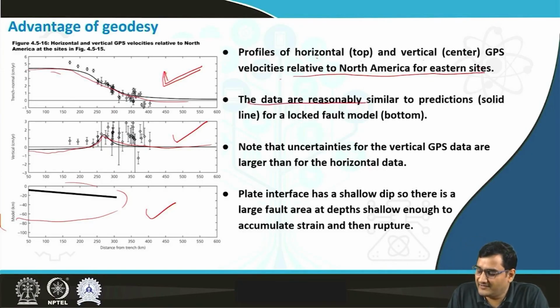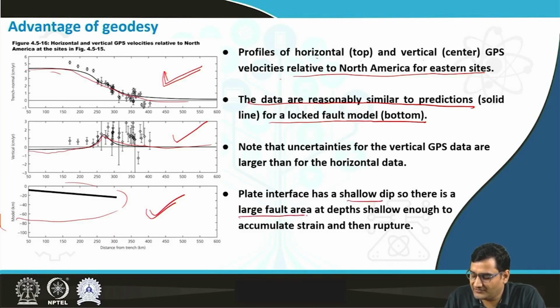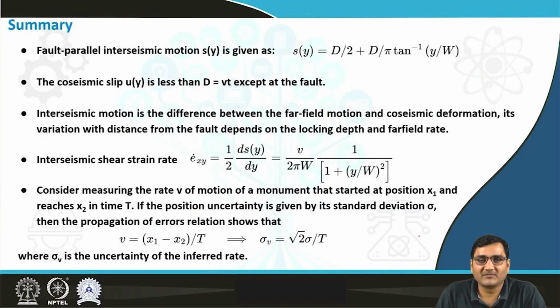The data are reasonably similar to the prediction, solid line, for a locked fault model that is given at the bottom. The plate interface has a shallow dip, so there is a large fault area at depths shallow enough to accumulate strain and then rupture. Now let's have a summary of today's lecture.